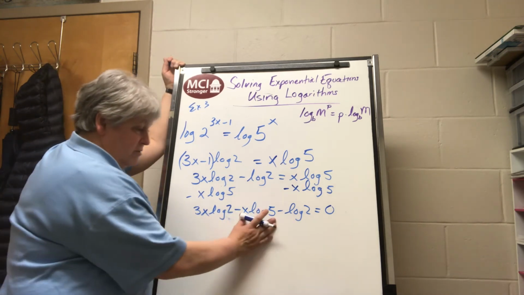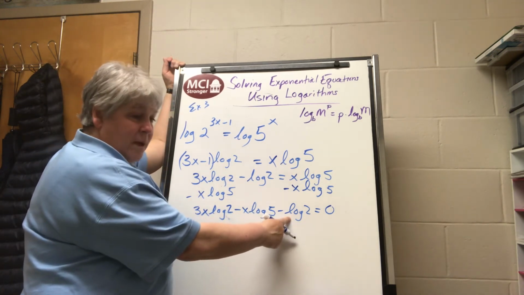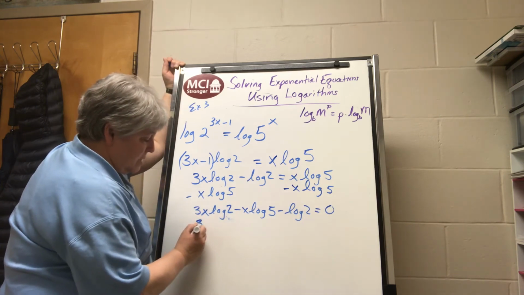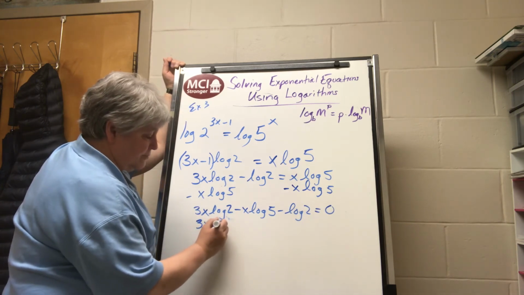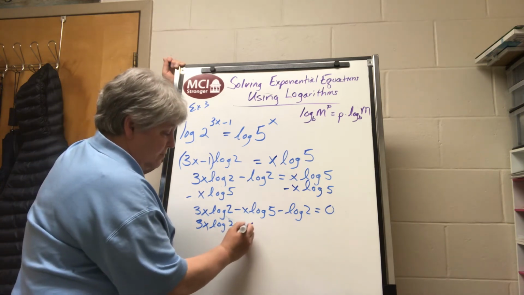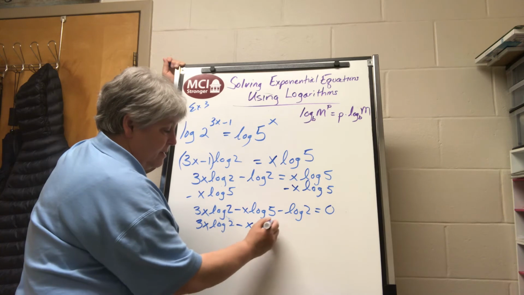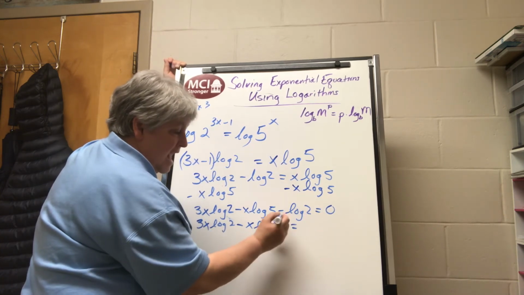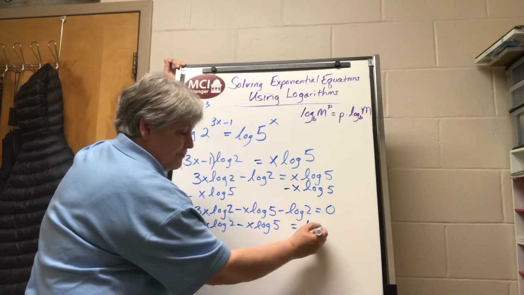Here's an x term and here's an x. This term, however, has no x. So I'm going to bring that over to the other side. 3x log 2 minus x log 5 is equal to, and when I bring that over, I'm really adding log 2 to both sides.